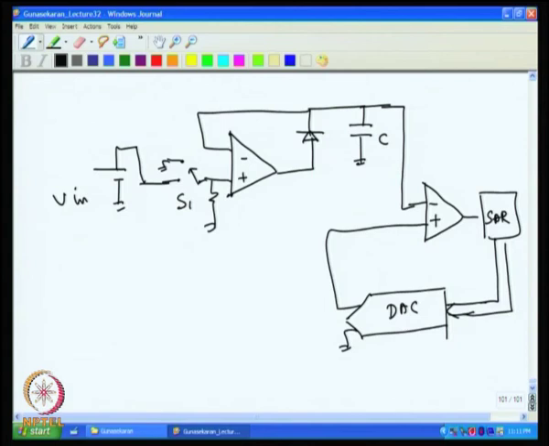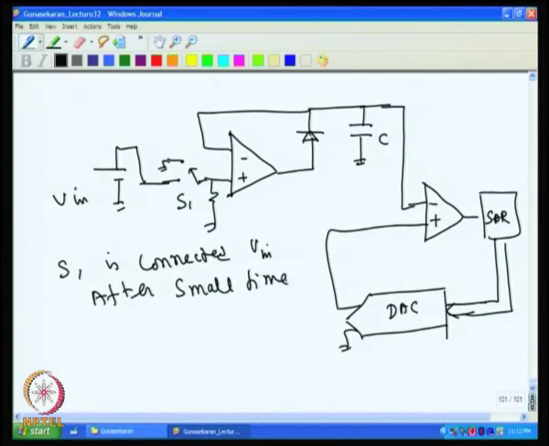So, first S1 is connected to V in, then after a small time S1 is changed to ground.